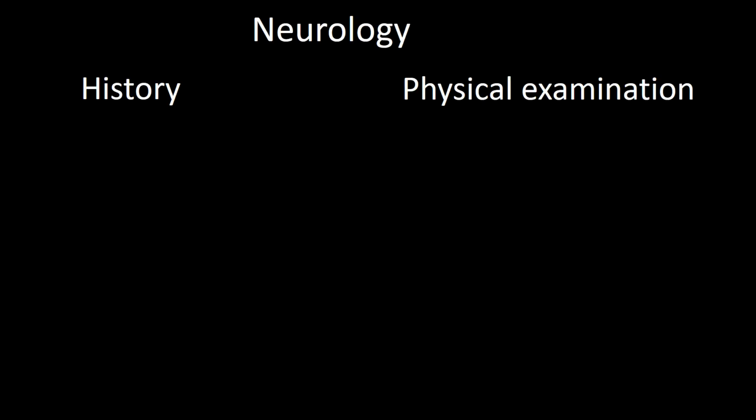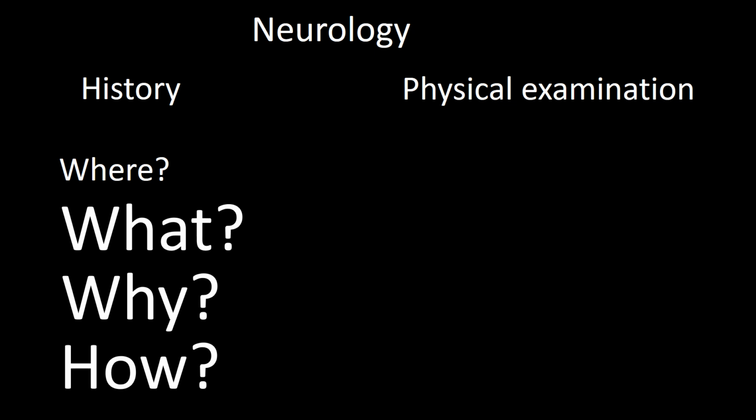So we have to ask ourselves, are the aims of the neurological history and the neurological exam different? The aim is the same, but the weight of their contribution to the care of the patient is different.